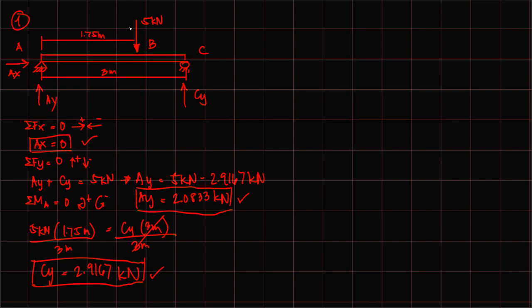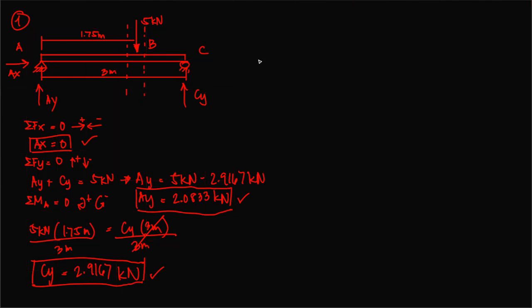So first things first, we will be imagining if there is a cut. There are 2 points that cut the beam, and this will be point 1 and this will be point 2.